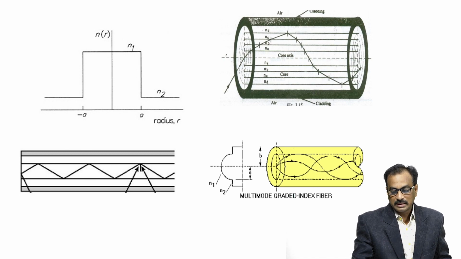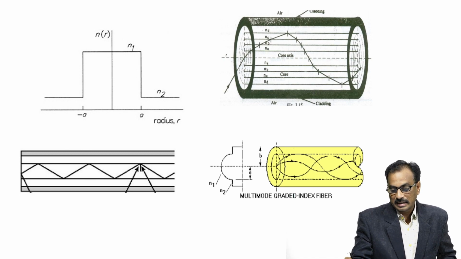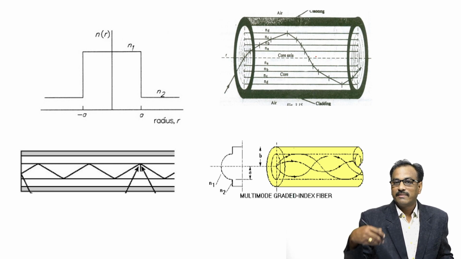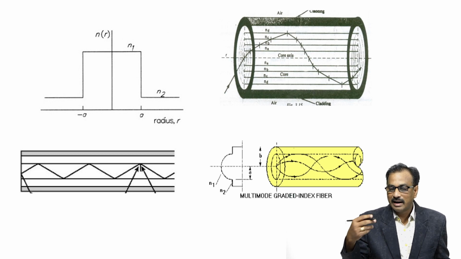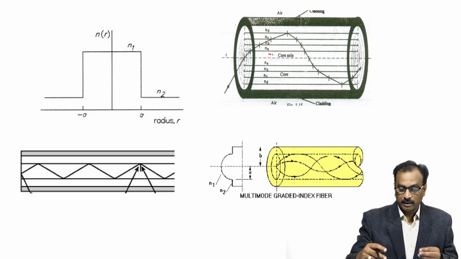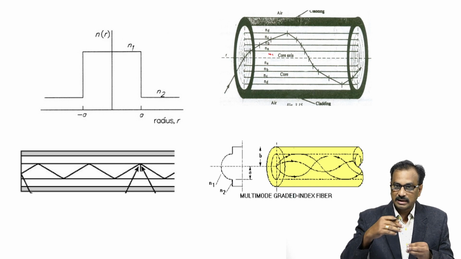Now, this is the inner structure of the gradient refractive index fiber. The core material is made up of several materials. It has several layers, and this is the inner layer. The refractive index of the inner layer is nA. This inner layer is surrounded by another layer and another layer.